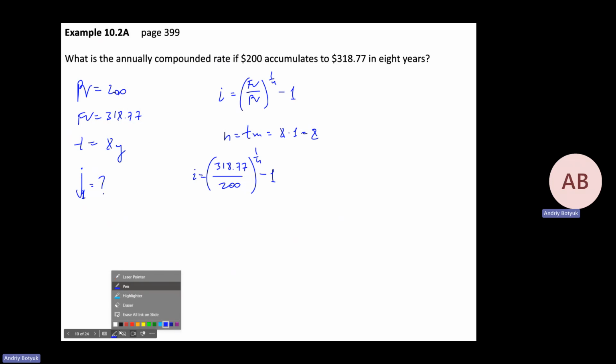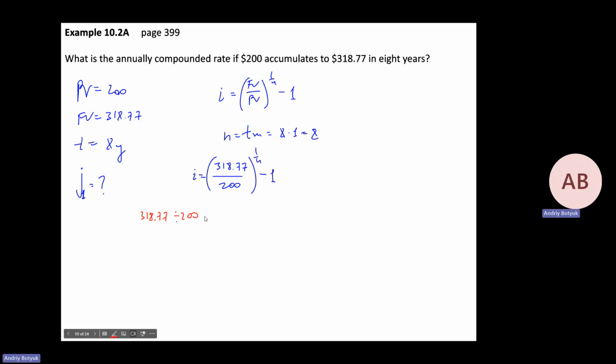Now the algorithm, how do I calculate that? I take 318.77 divided by 200. Then I go equal. Do I need to press equal? Let me check. No, I don't have to actually. It doesn't matter.